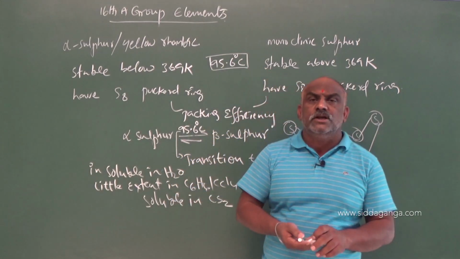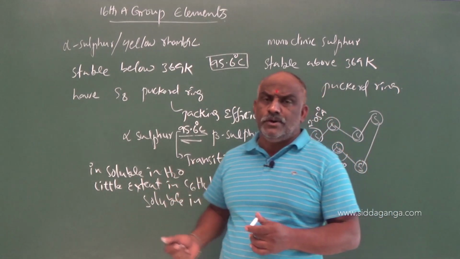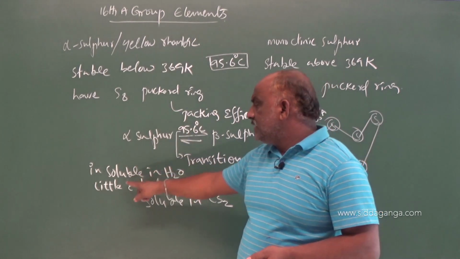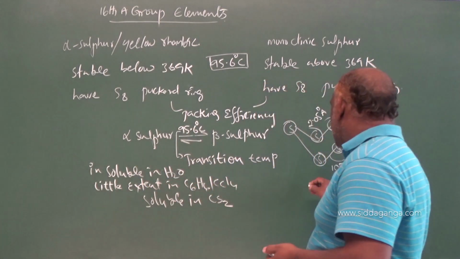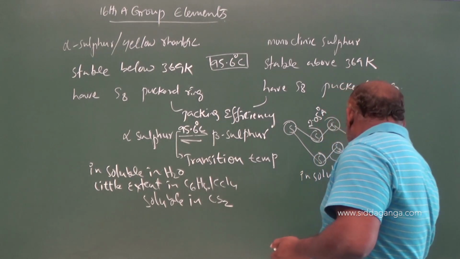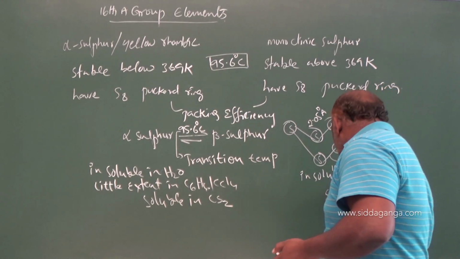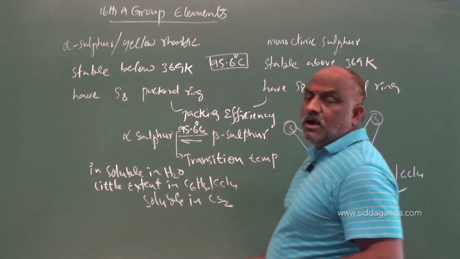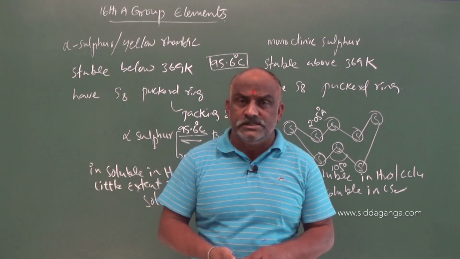Soluble in carbon disulfide. Make a note, my dear students, this is very important from the exam point of view. Both sulfurs are insoluble in water, and slightly soluble in benzene or carbon tetrachloride. Coming to the right side, it is insoluble in water and carbon tetrachloride also, but soluble in CS2, carbon disulfide.